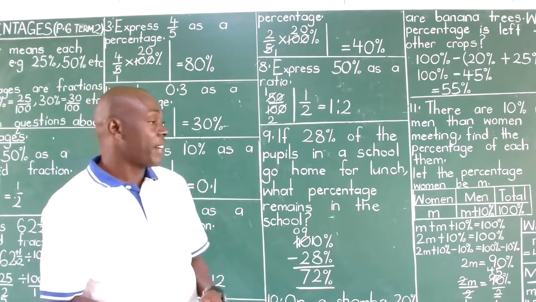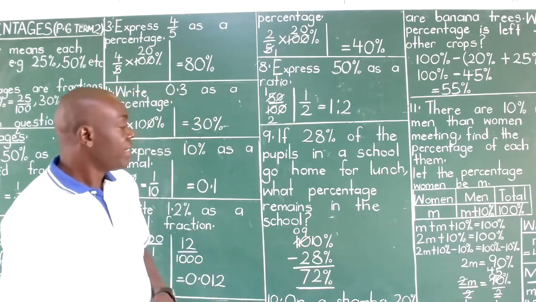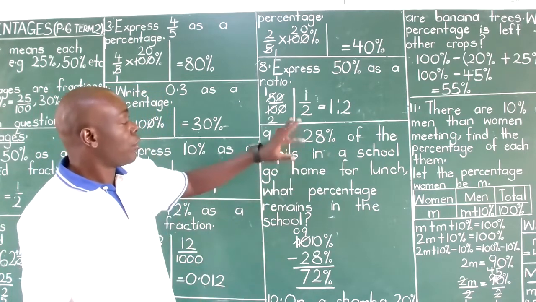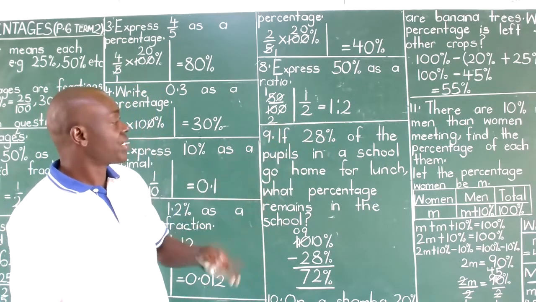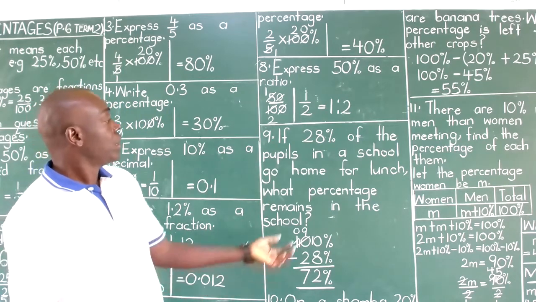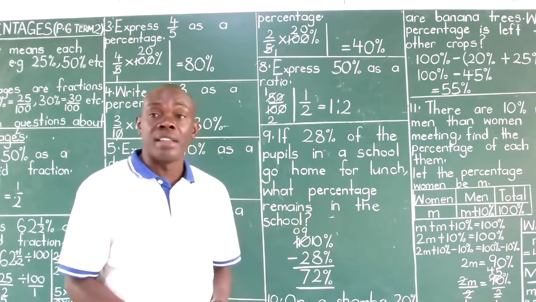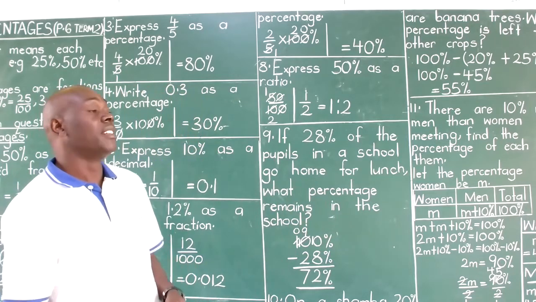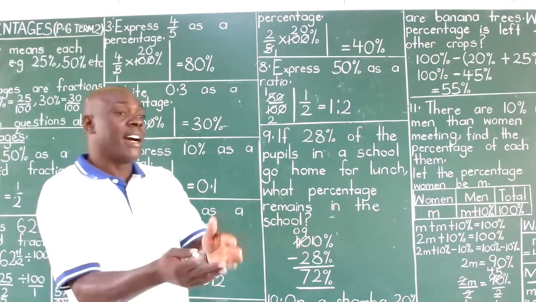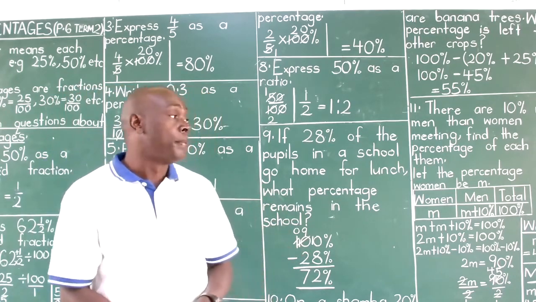The greatest normal percentage is 100%. Then there are two sectors of the pupils in the school, those who go for lunch and those who remain.